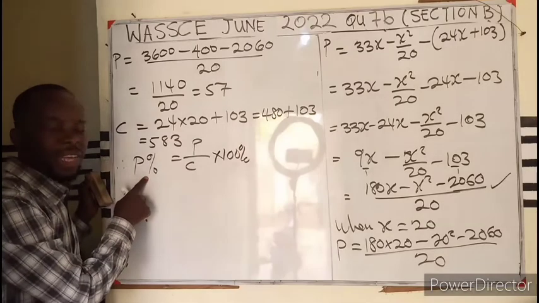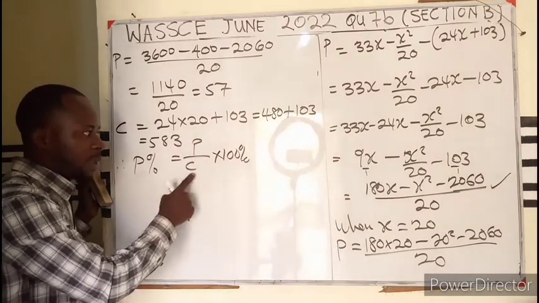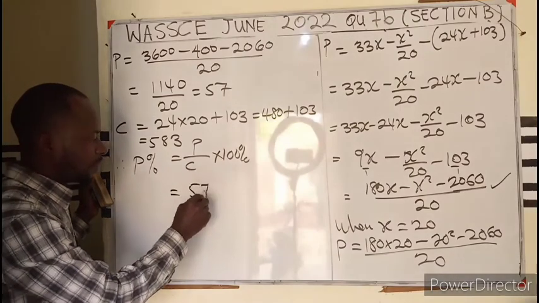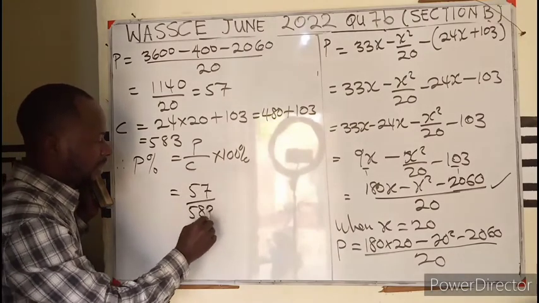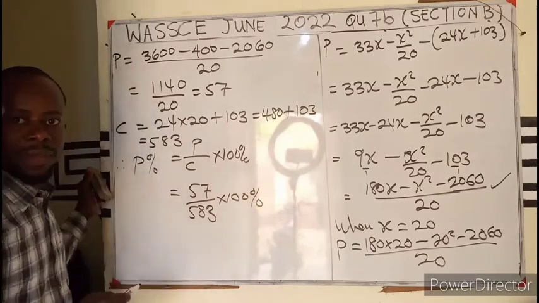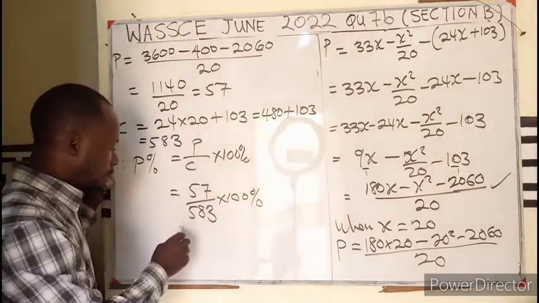Profit percent is profit over cost price times what? 100%. So this becomes 57 over 583 times 100%.